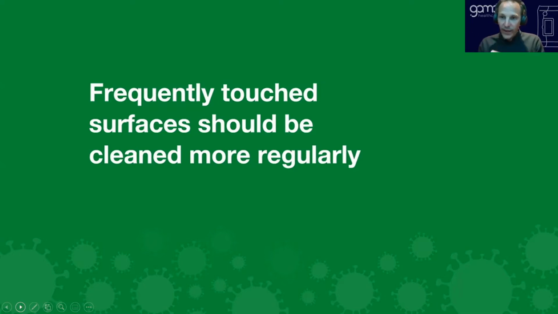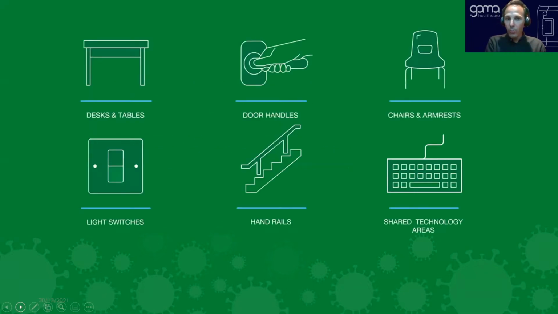And then you have another category of surfaces, which is called frequently touched surfaces, which are the home surfaces that are frequently touched. So we talk about desks, tables, door handles, chair armrests, light switches, handrails, and any shared equipment like computers, for example.